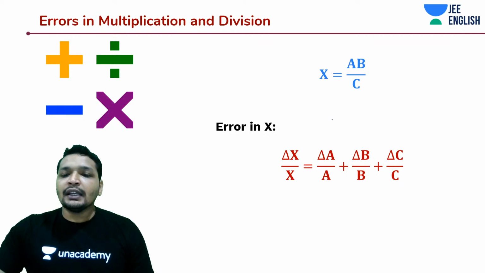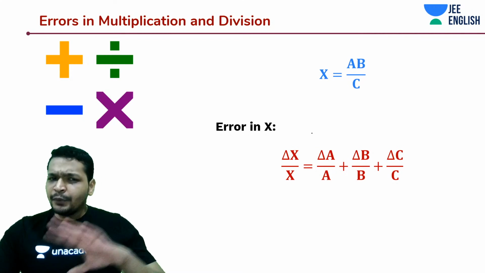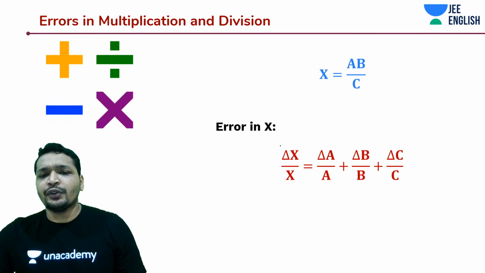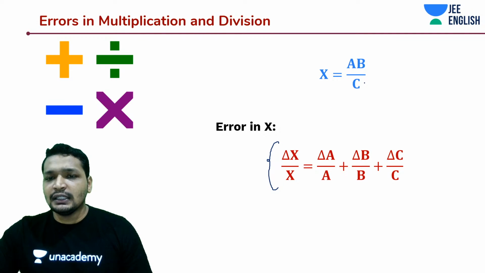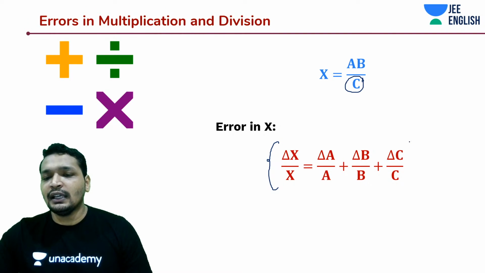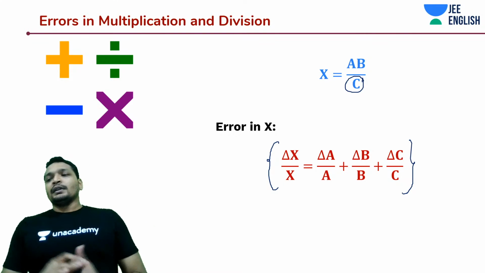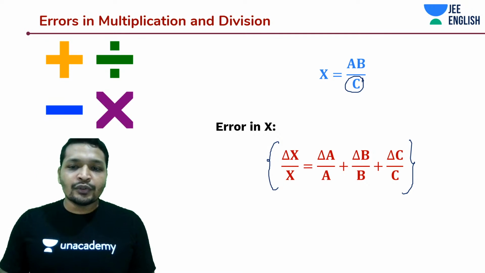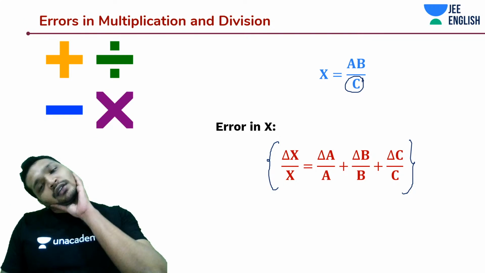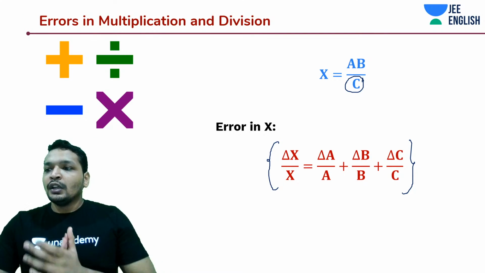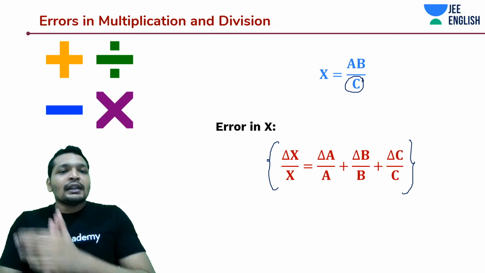Okay. So that way you get error in, be it division or multiplication, you're going to add the errors. Do remember that even if your c is divided, you're going to add the errors. Really simple. There is no confusion in this, I hope. We also derived it. You know how to do this. Given any quantity, you can derive this value. So this is about your error in multiplication and division.